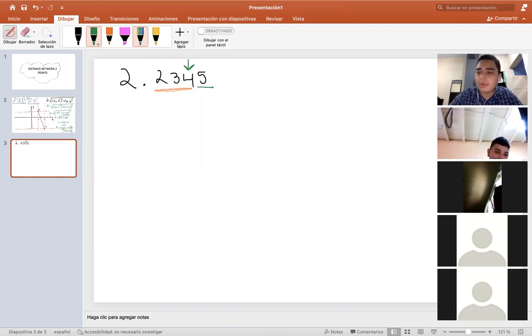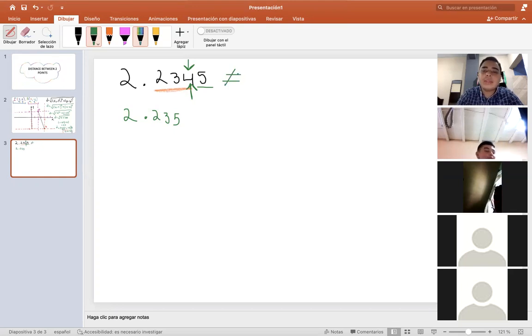If that number is 5 or greater than 5, you are going to convert your last number into the next number. What is the next number after 4, guys? 5. So our answer will be 2.235. But it's different. This symbol means it's not the same.